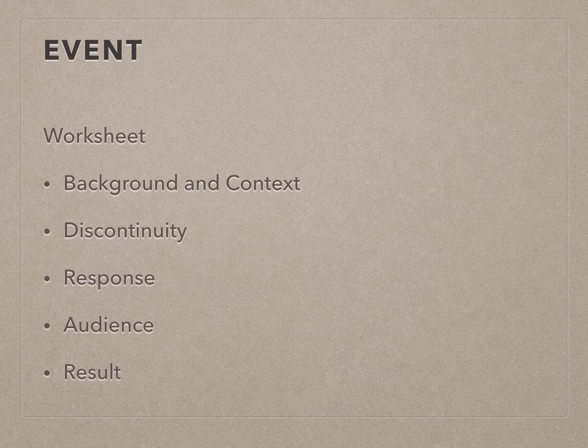So for the events, one of the things you need to do is think about background and context. Now, obviously, many things lead up to these rhetorical events. You need to choose the information that you need to tell us as readers in order for us to understand what conclusions you're coming to. That doesn't mean you need to give the history of civil rights if you're looking at something that happened in response to the Civil Rights Act.